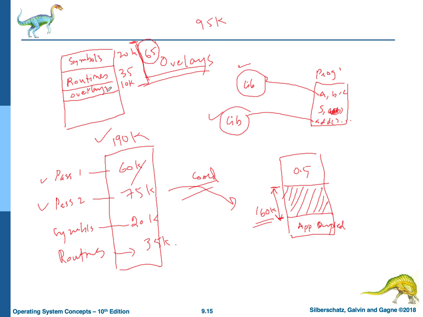Now this overlay code, why do we have it, even occupying some 10k extra? Because it is managing pass 1 and pass 2. Pass 1 is 60k and pass 2 is 75k.